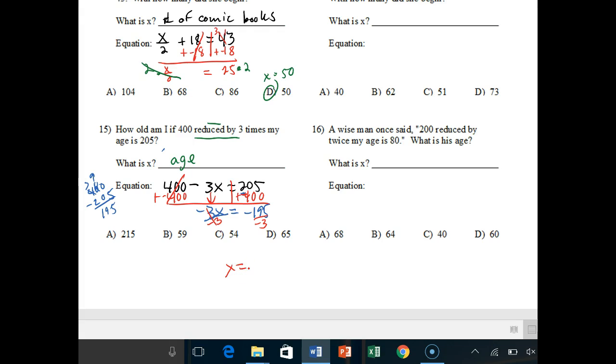If you've got Google Calculator handy, you can go ahead and use that. If not, you can do some long division. No big deal. But when I do it, I end up with 65. 65 is your age. And then you can plug that back in. 400 minus 3 times 65 should give you 205, right? The whole idea of checking.